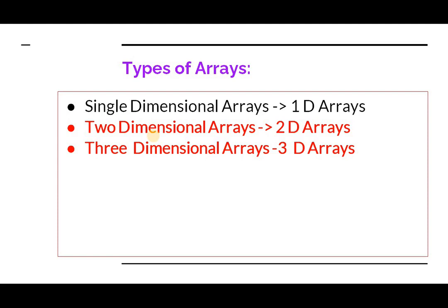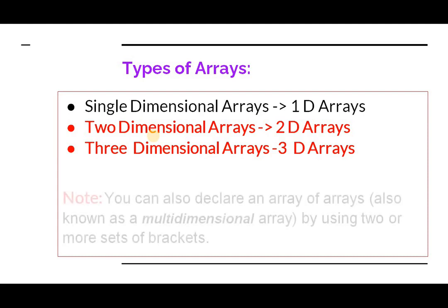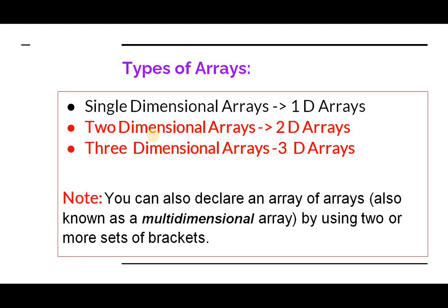In Java, these multi-dimension arrays are specially called nested arrays, and it is discussed in our next upcoming videos. Now, note, you can also declare arrays of arrays, also known as multi-dimension arrays, by using two or more sets of square brackets.